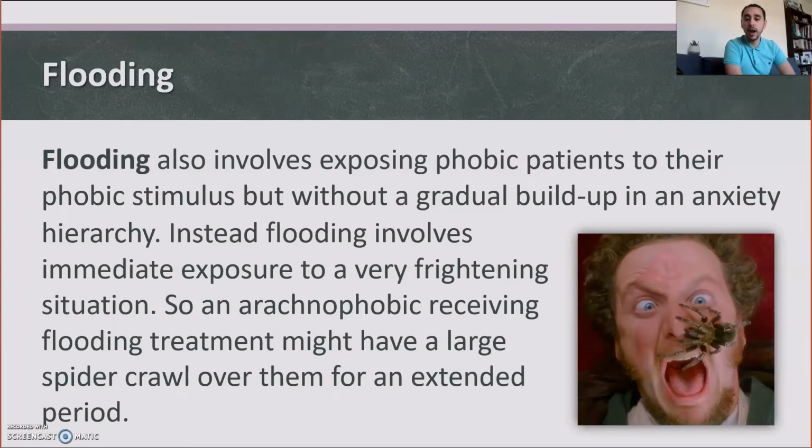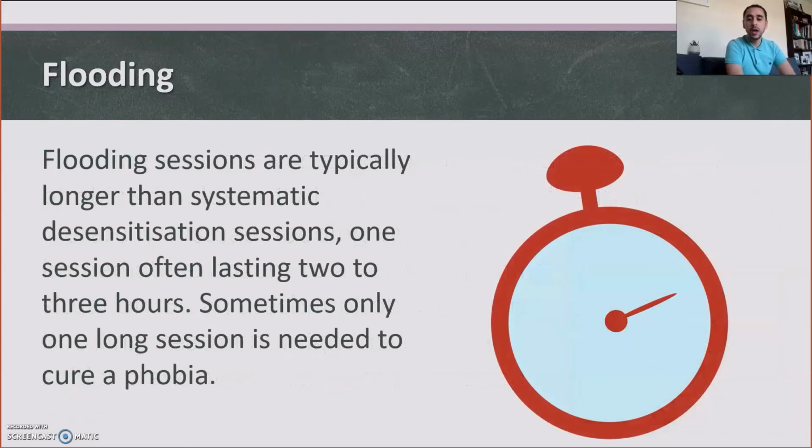So, an arachnophobic receiving flooding treatment might have a large spider crawl over them for an extended period of time. Flooding sessions are typically longer than systematic desensitization sessions. One session often lasts 2 to 3 hours. Sometimes only one long session is needed to cure a phobia.